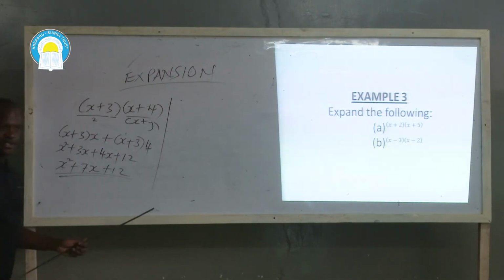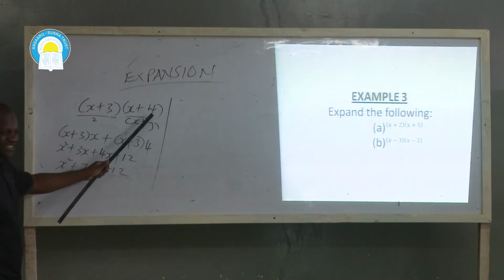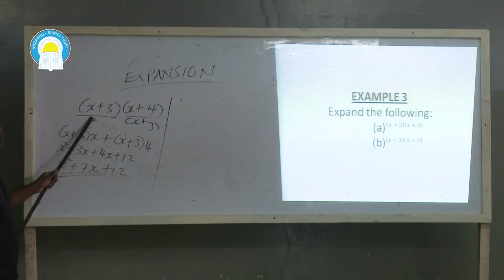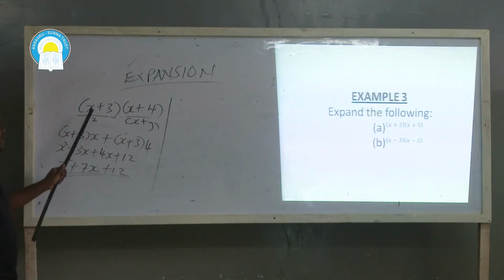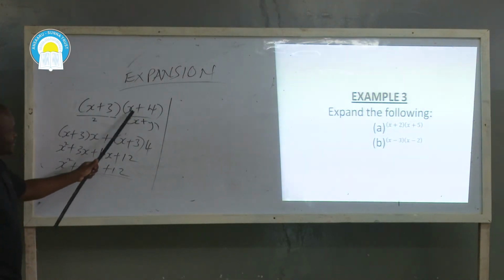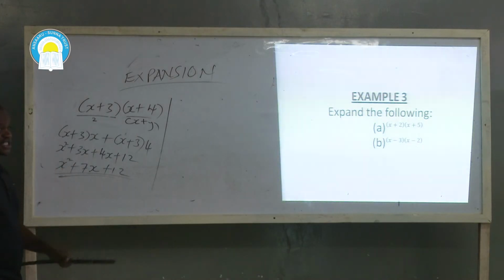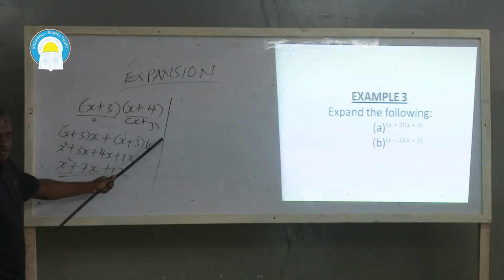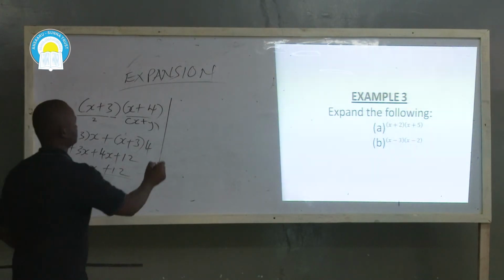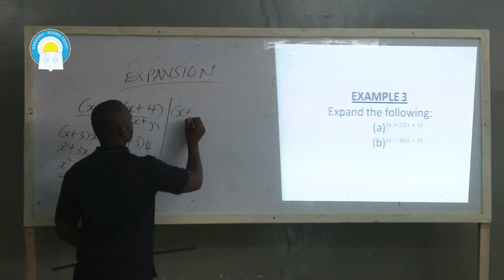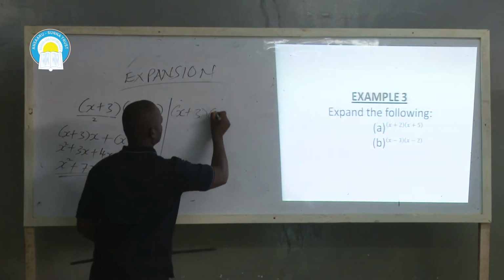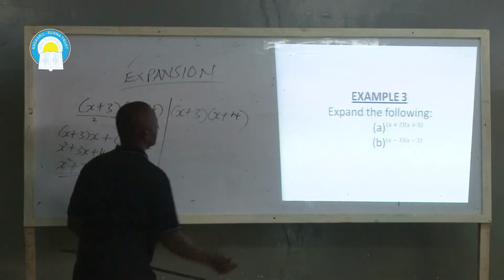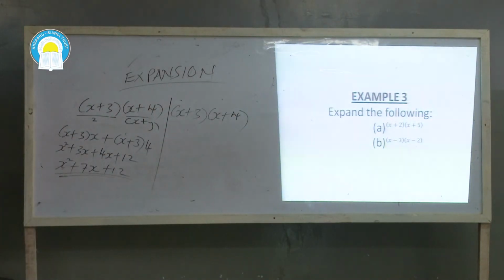Given such an expression and required to expand, this is the easier approach. We have x plus 3, then times, of course, brackets means it implies you multiply. So x plus 3 times x plus 4.